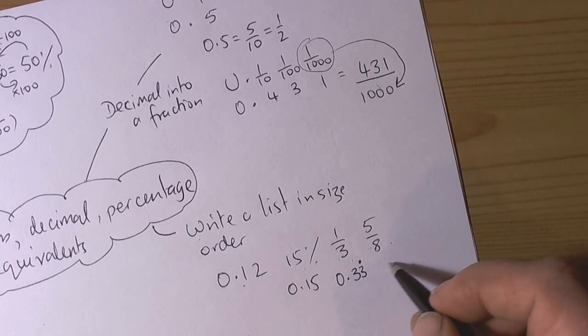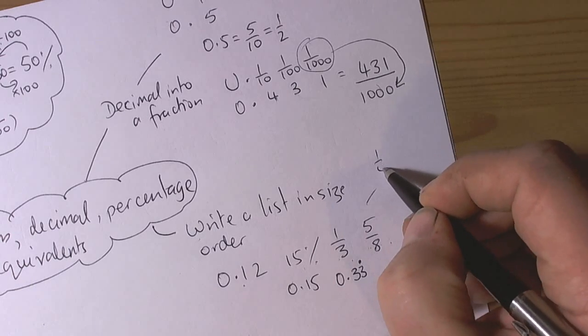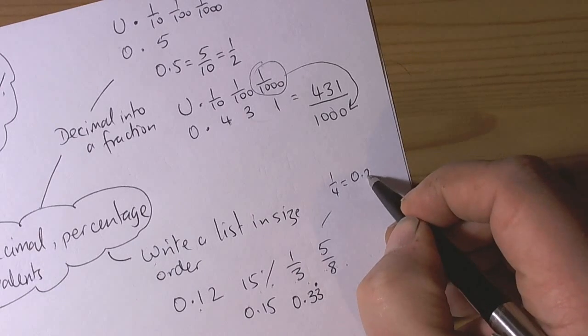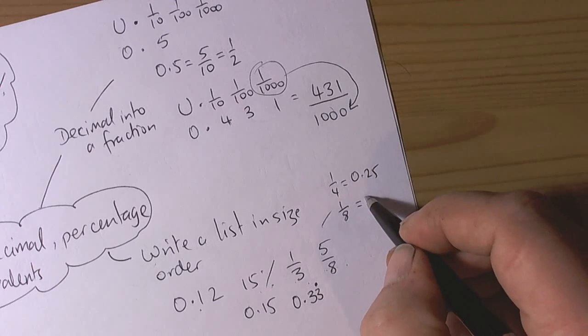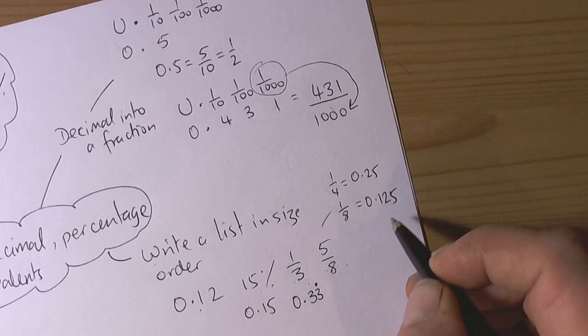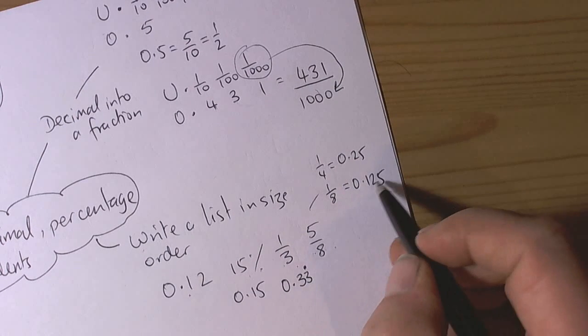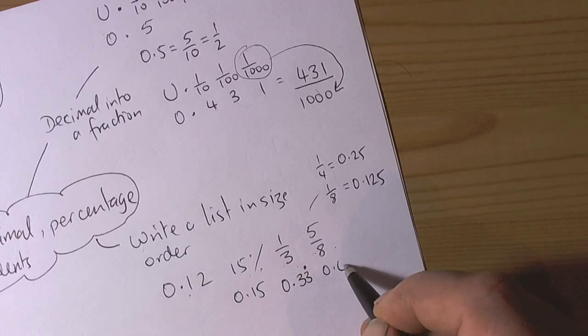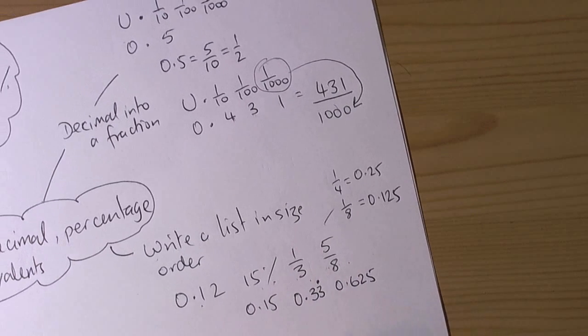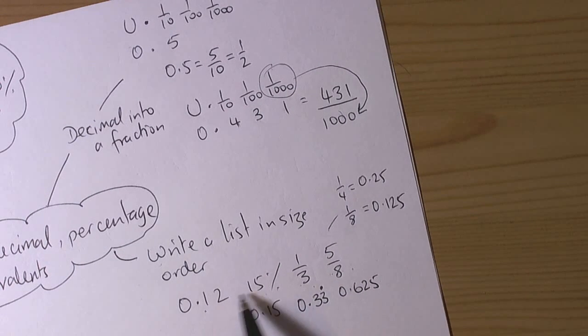And 5/8, again, if we remember that a quarter is 0.25, then an eighth must be a half of that, so 0.125. So 5/8 must be 5 of those, 5 times that is going to be 0.625.